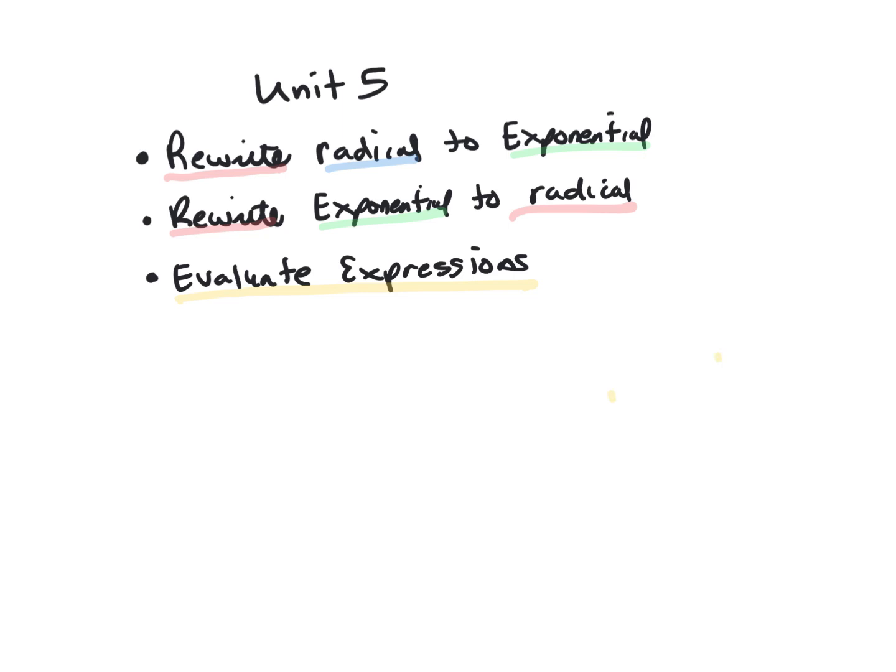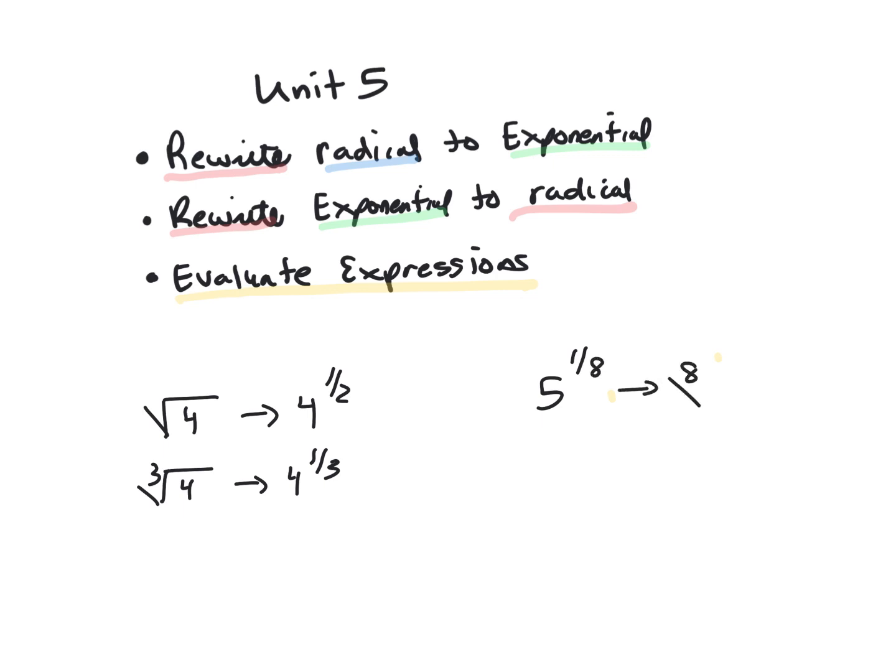So remember, we just started looking at the fact that the square root of 4 could be written as 4 to the 1/2 power. And the cubic root of 4 could be written as 4 to the 1/3 power, and vice versa. So we could write 5 to the 1/8 power as the 8th root of 5, and back and forth.